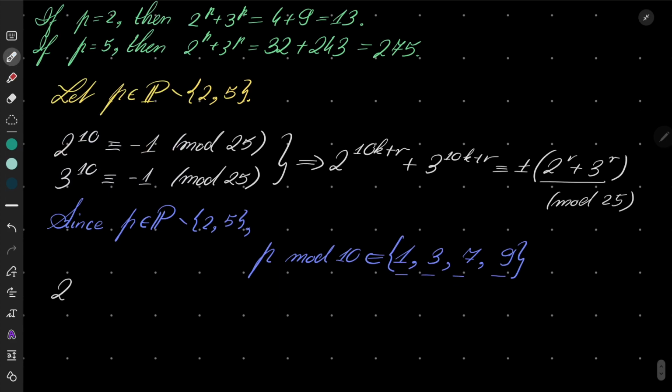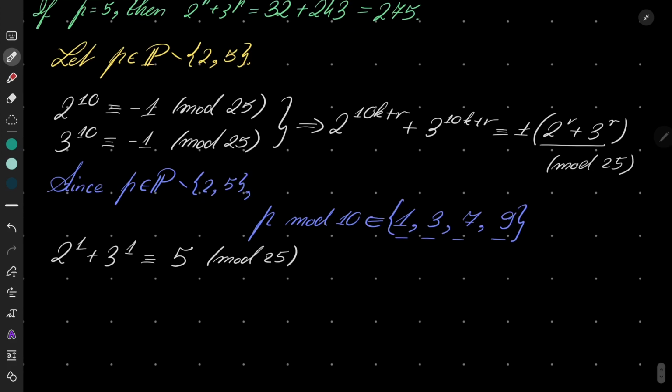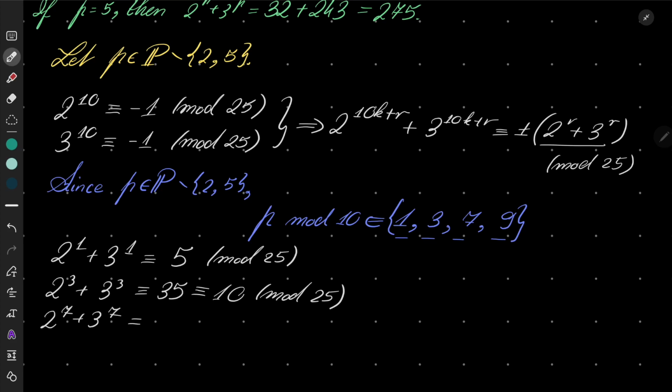So 2 to the power of 1 plus 3 to the power of 1 is congruent to 5 modulo 25. 2 to the power of 3 plus 3 to the power of 3 is 8 plus 27, which is 35, and 35 is congruent to 10 modulo 25. 2 to the power of 7 plus 3 to the power of 7: let me use my calculator, because I don't want to do these tedious calculations by hand.